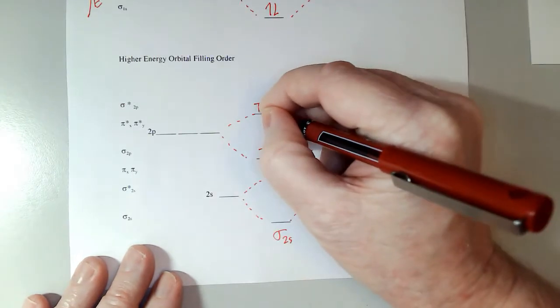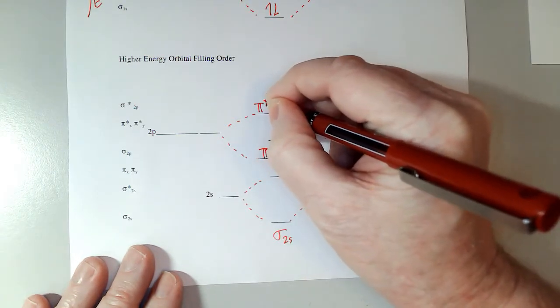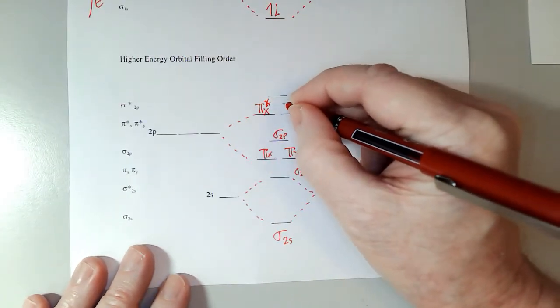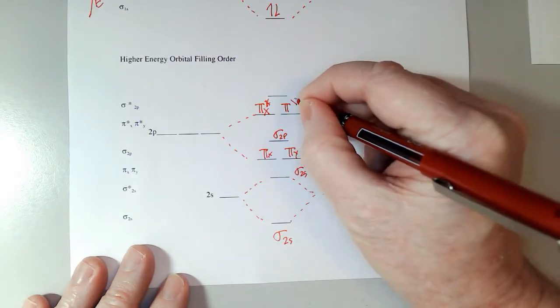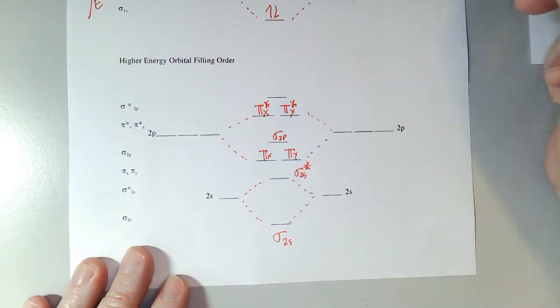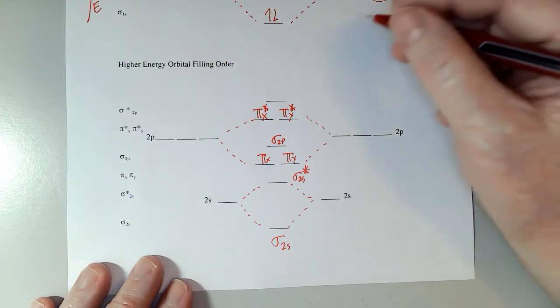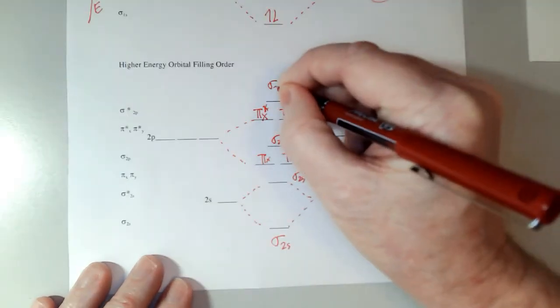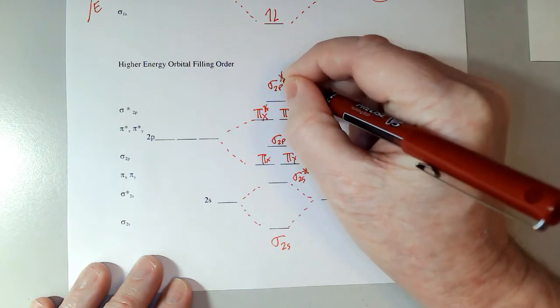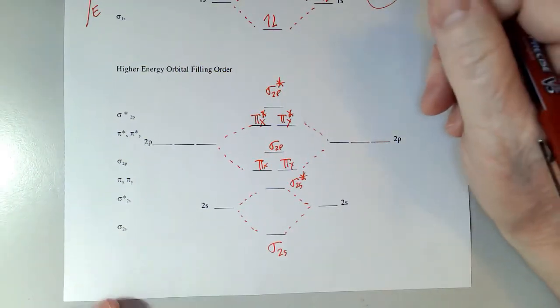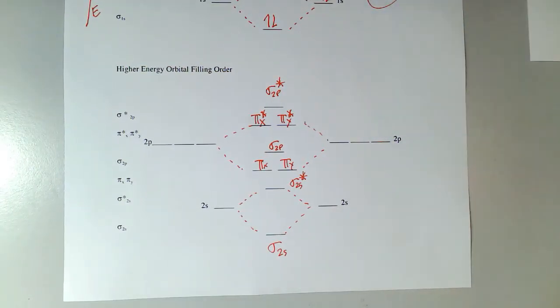This would be the pi star x and the pi star y, which are both antibonding orbitals. And then we get the sigma 2p star, which is also an antibonding orbital. And that's the order that the electrons go into those.